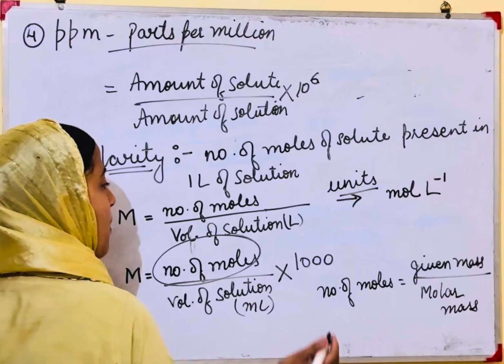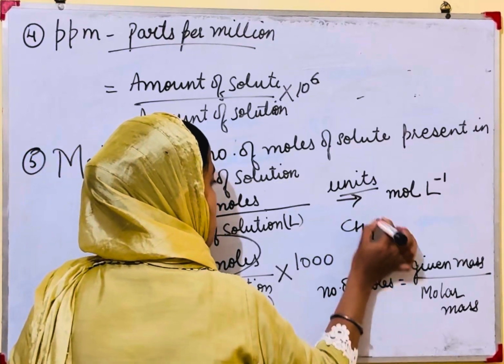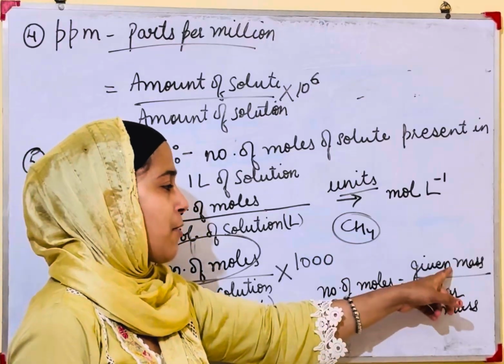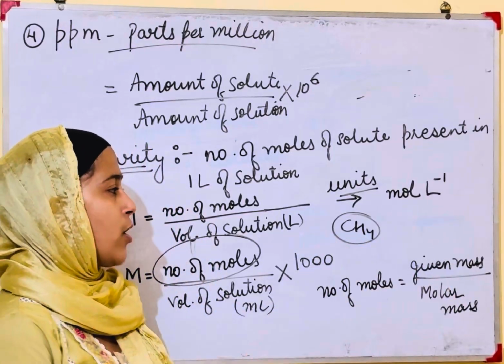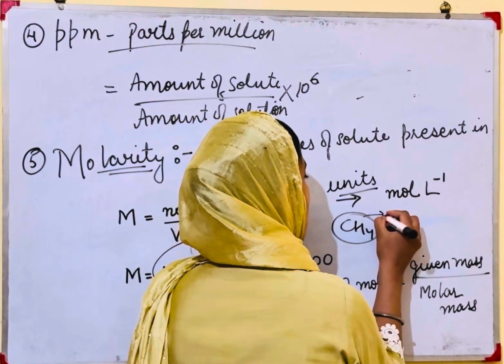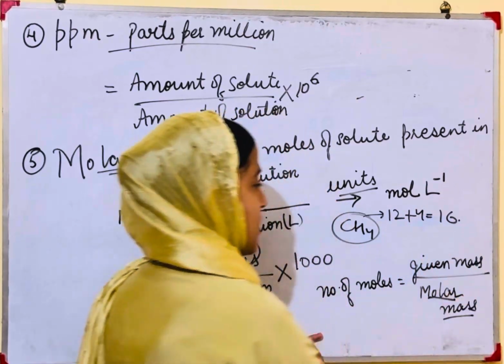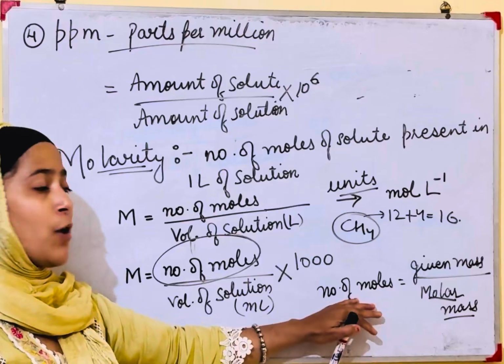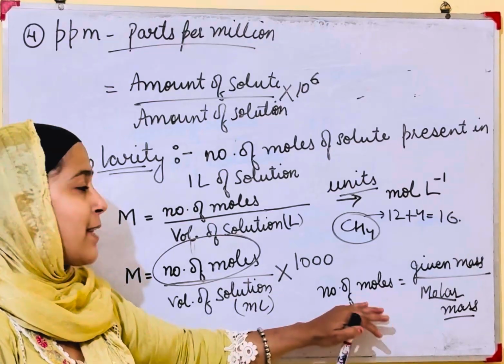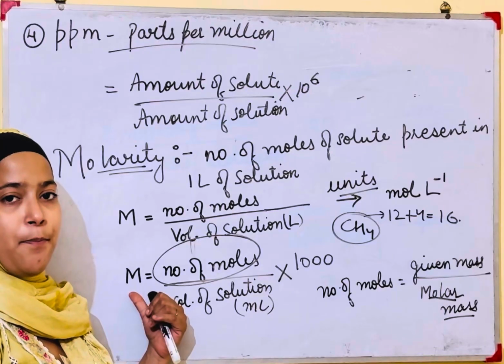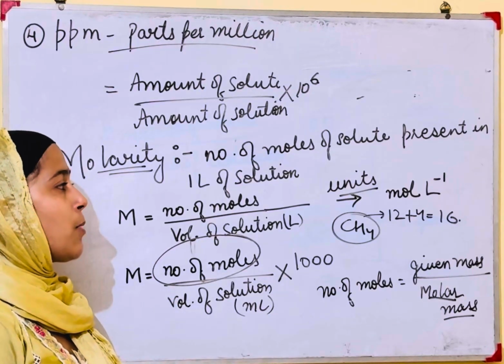If we talk about CH4, its mass is given in the question, and its molecular mass is 12 plus 4 equals 16, that will be its molar mass. By putting this you can calculate number of moles, and then you put number of moles here and you will get molarity. This is about molarity.